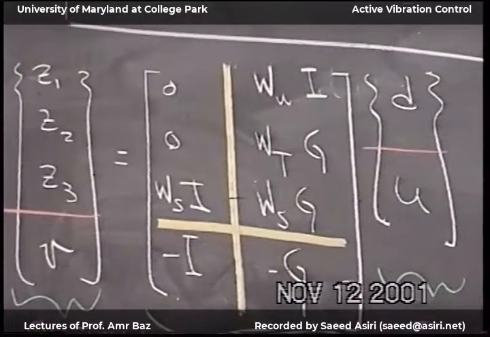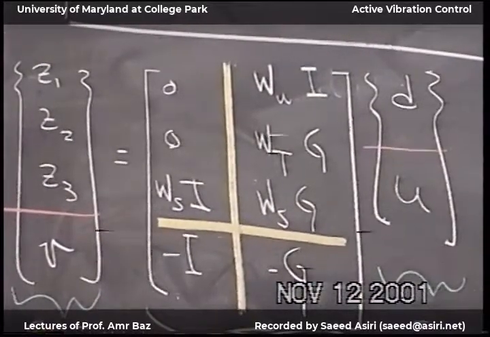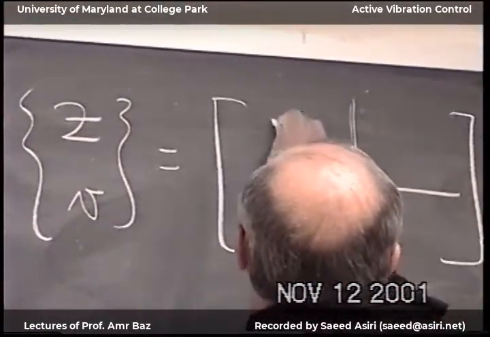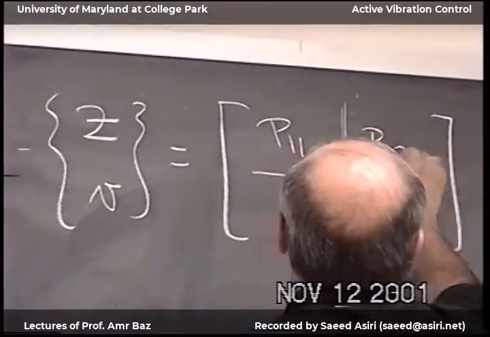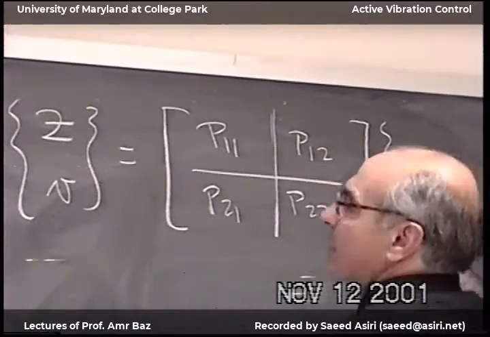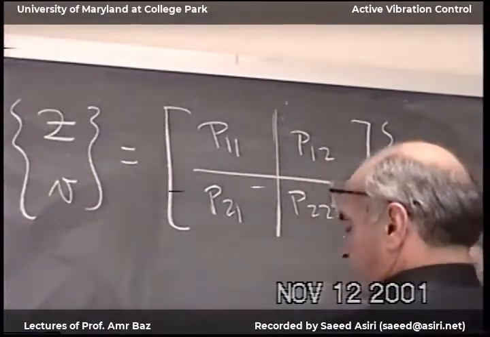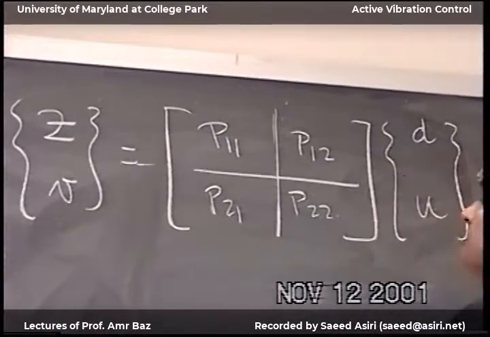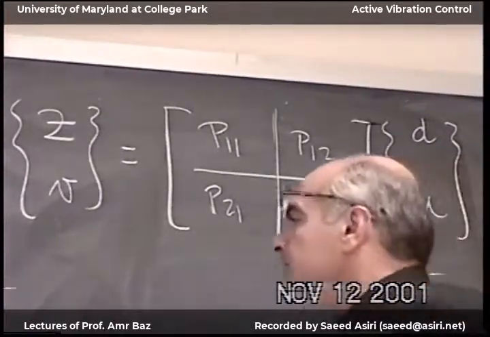Then we have the Z and the V. This is D and U, or W and U.